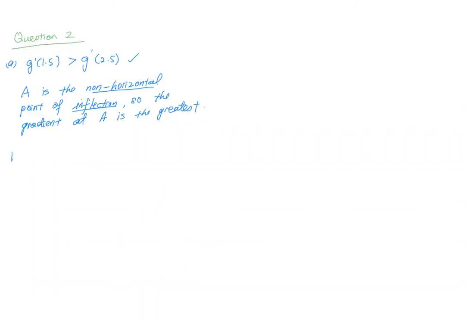Okay, how about your answer for part B? Which of the following statements is true? Tick the appropriate box and justify your answer. Okay, so we know the curve is going like that. This part to here.